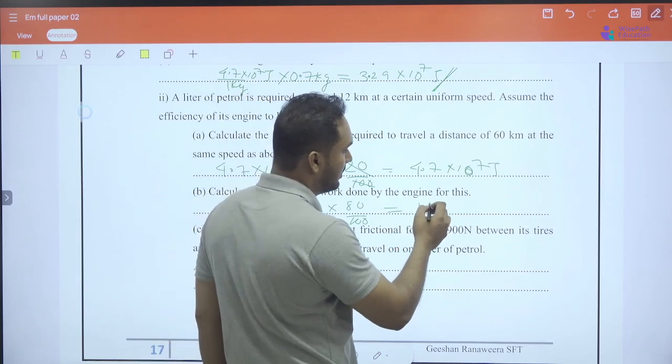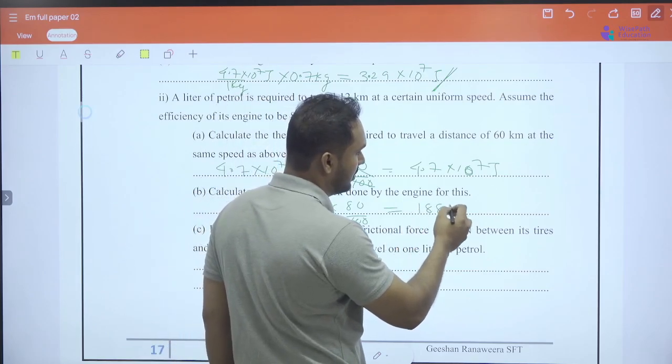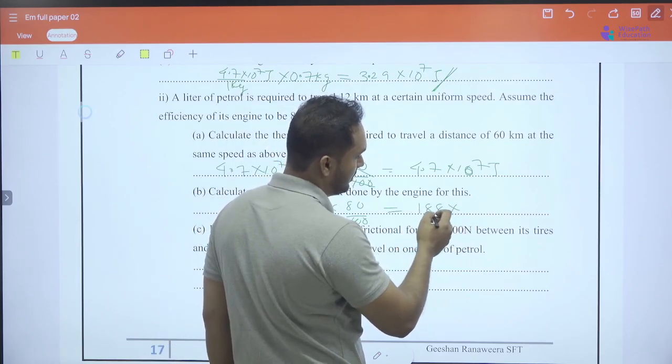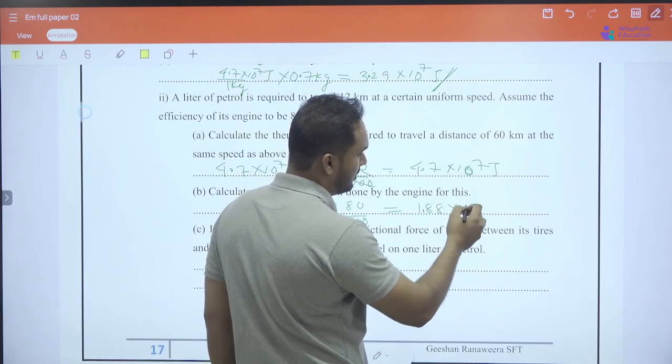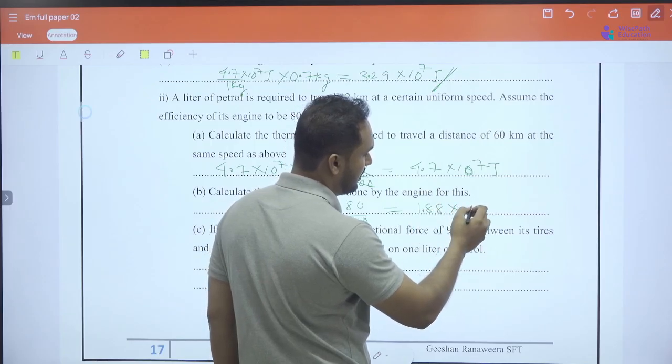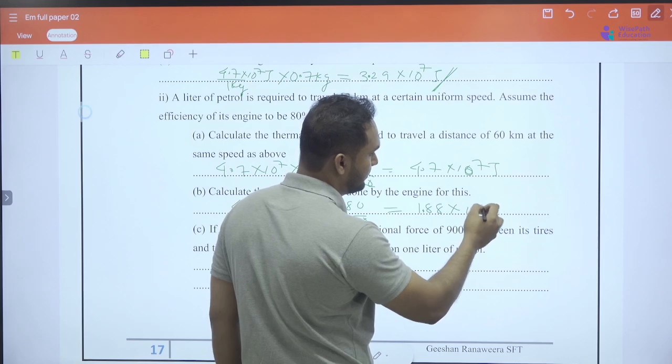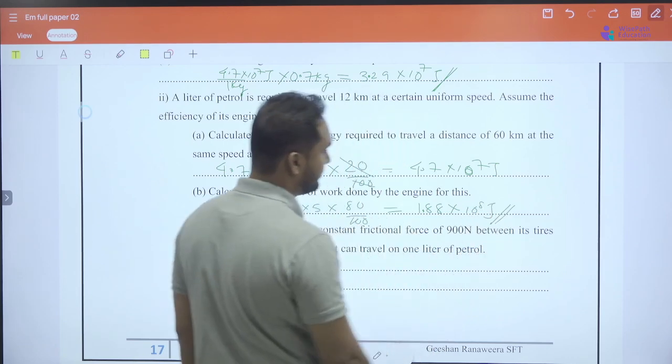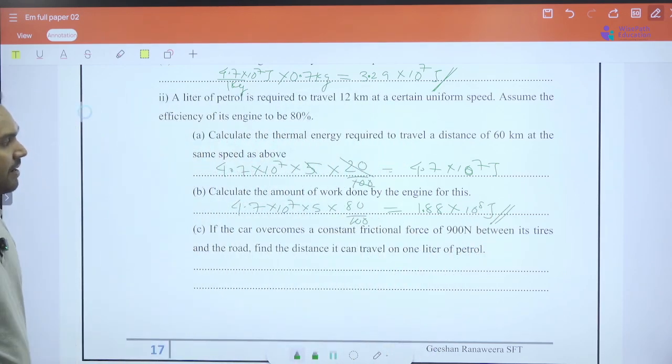That gives 1.88 into 10 to the power 8 joules. Okay, put it in decimal form.